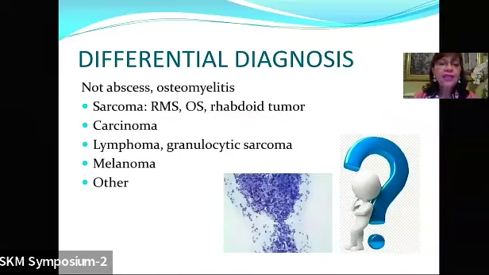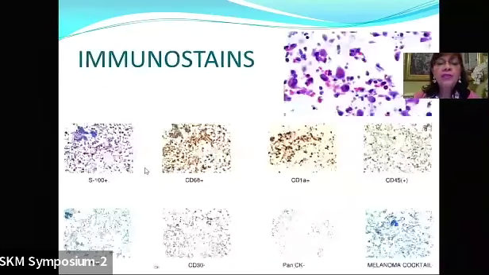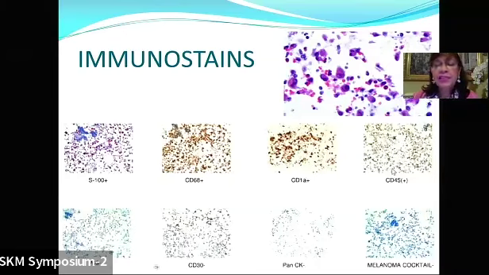And then stains were performed, and it was negative for keratins, and the muscle markers were negative, melanoma markers were negative as well. So again, melanoma negative, keratins negative, P63 negative, and then CD45 was positive.